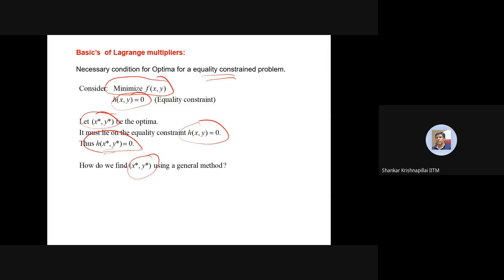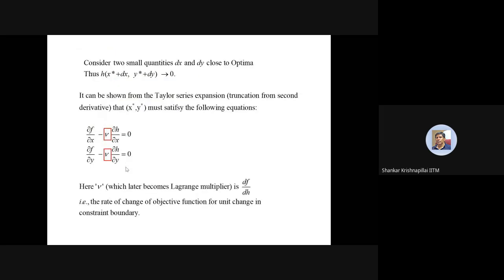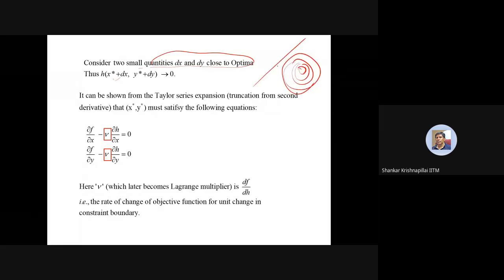And what is the value of this x star, y star? The method used is the Taylor series expansion. So consider two small quantities dx and dy close to the optima. So some contours are like this, and this is h of x star, y star.